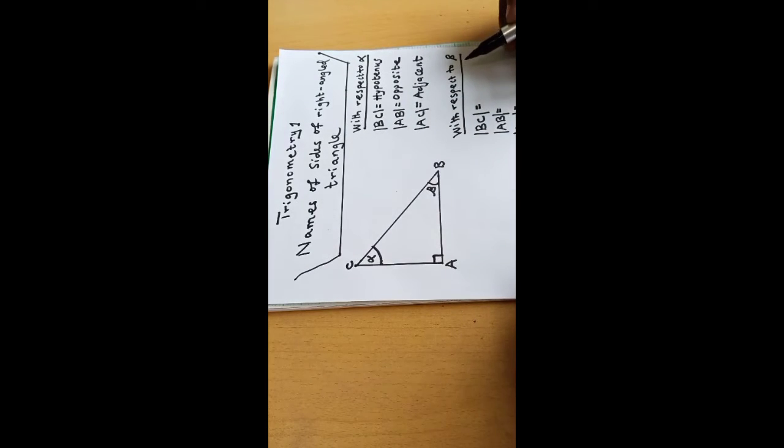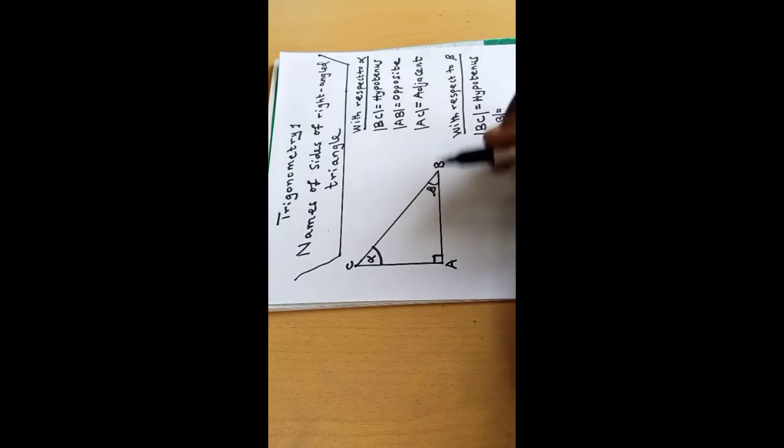Now let's come to beta. With respect to beta, our BC certainly is still the hypotenuse. Then our AB, now let's look at our AB. With respect to angle beta, you can see that the opposite will be AC.